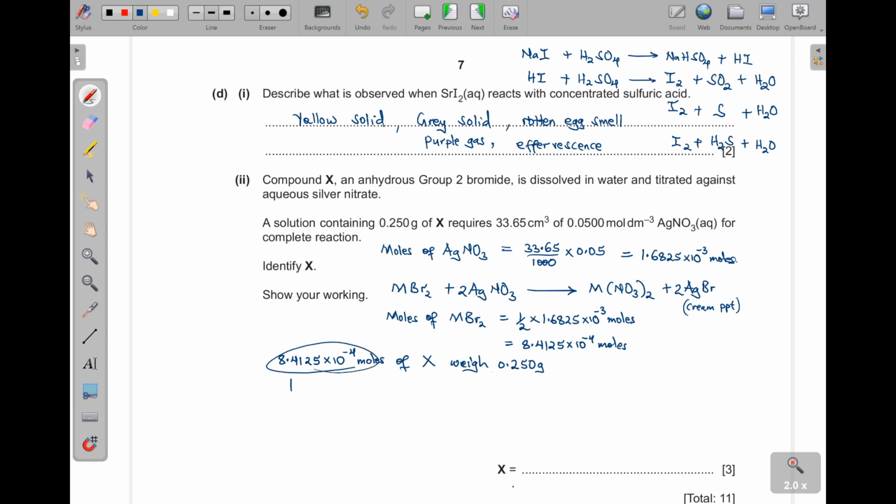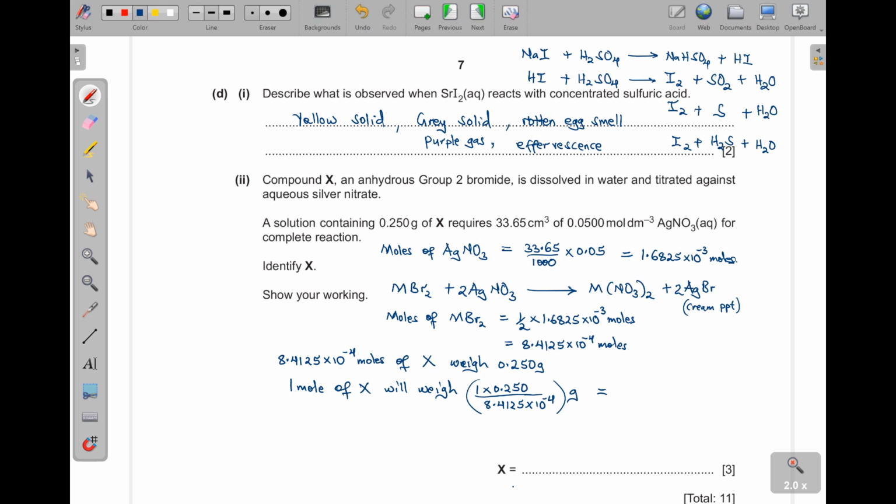If these moles weigh this, how about 1 mole of X? 1 mole of X will weigh 1 times 0.250 out of 8.4125 times 10 to power negative 4 grams.